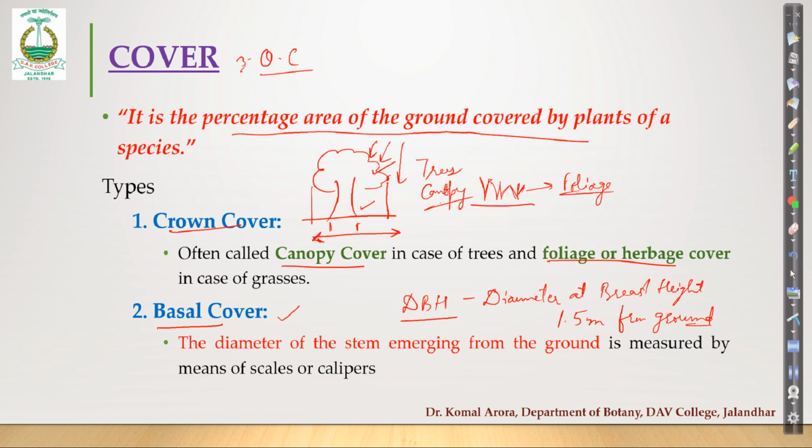So it means if there is a tree, from ground level you will measure 1.5 meter height and you will determine the diameter corresponding to this point, and then that diameter will be converted into the area by simply applying the formula pi r square. You can find out the area, so that will be the basal cover.